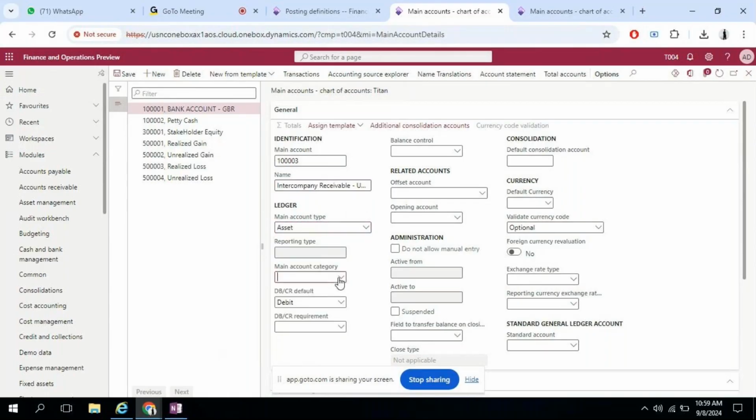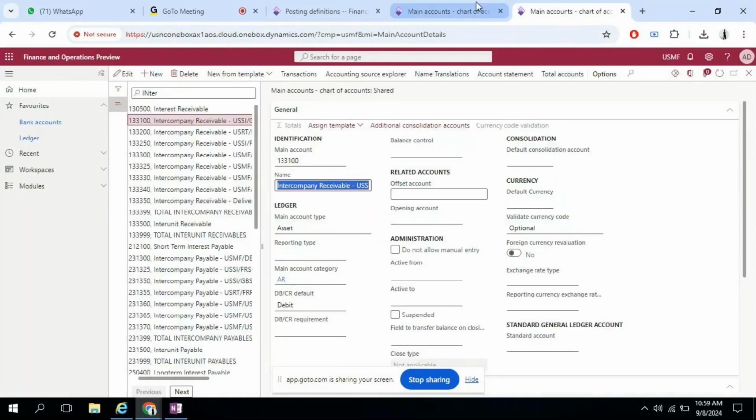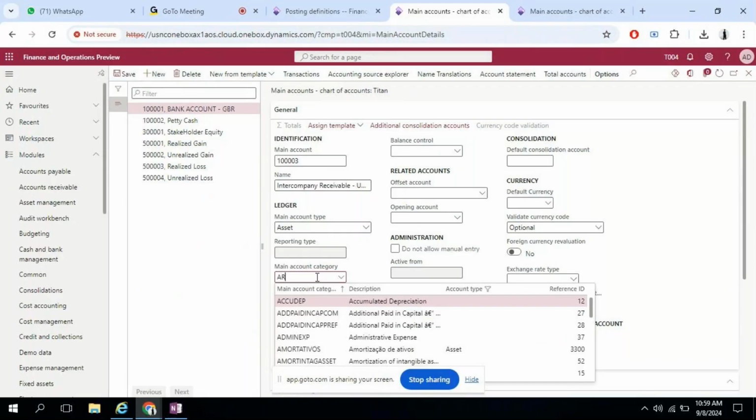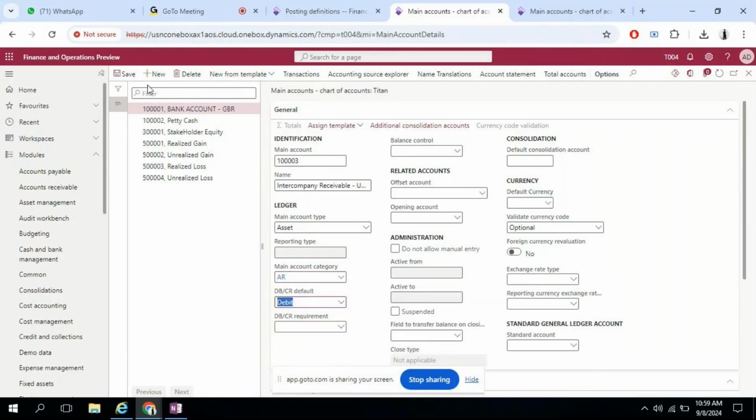What they have written is AR, so we will write it as AR. Now clicking on the save button, 1003 is now done. Now we are going to create one more account, intercompany payable.